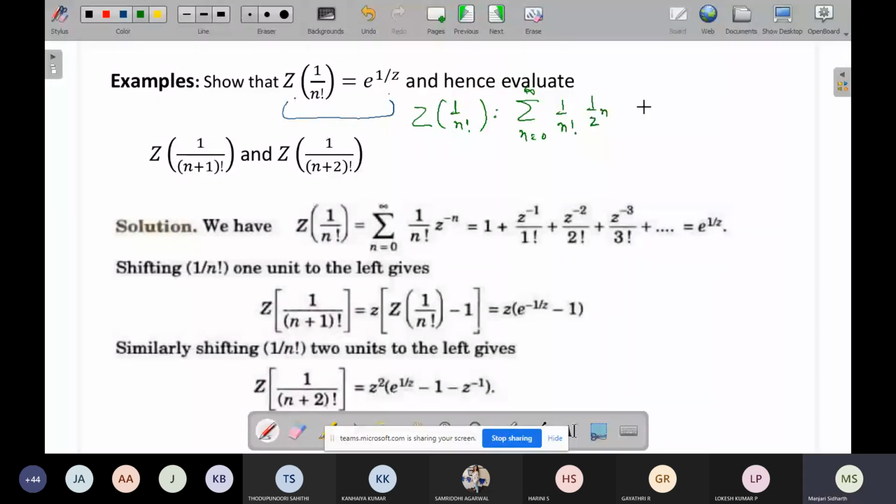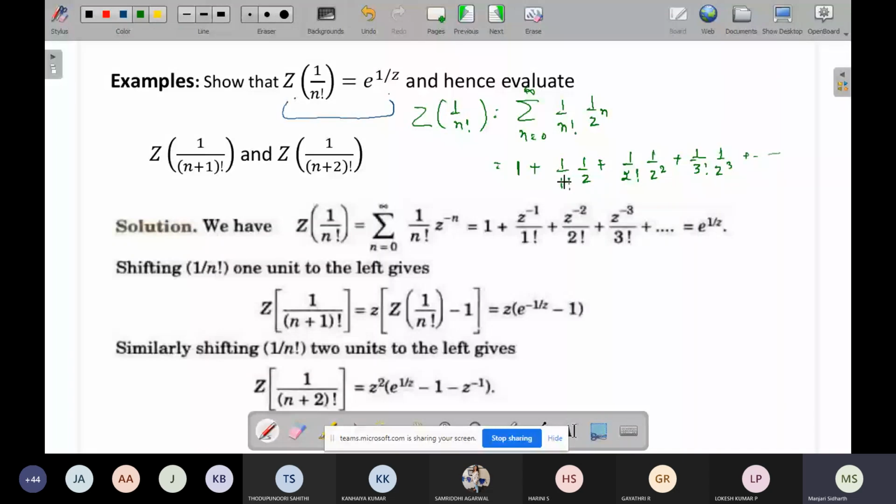So the first term, n equals 0, 0 factorial is 1, so 1. Then 1 factorial 1 by z, 1 by 2 factorial 1 by z square, 1 by 3 factorial 1 by z cube, up to infinity.